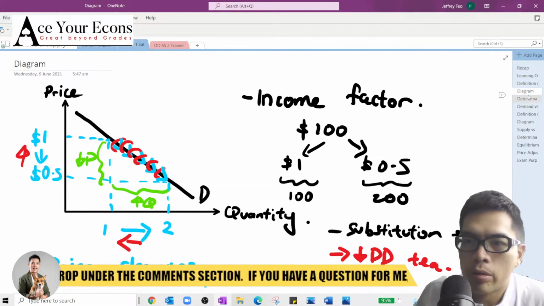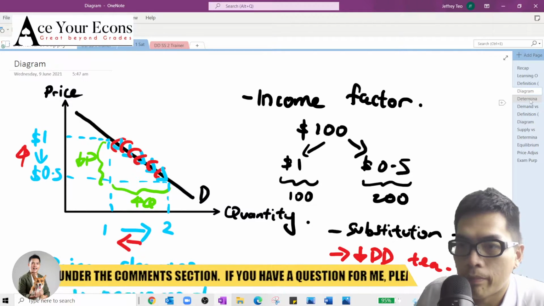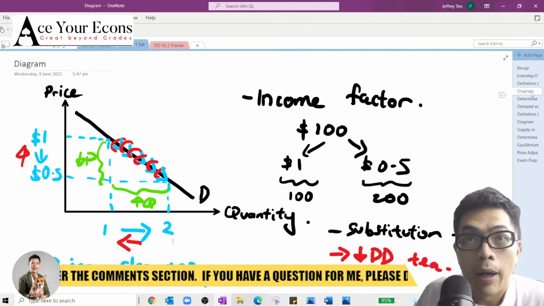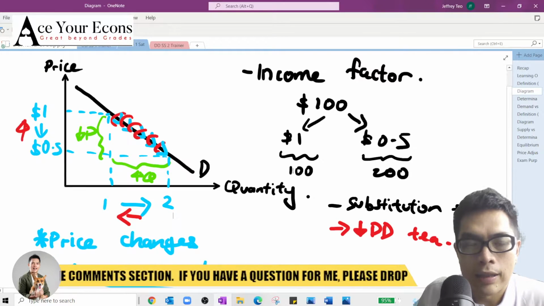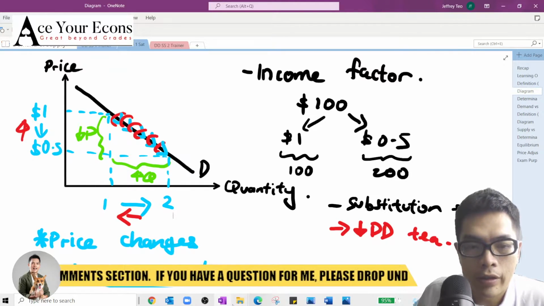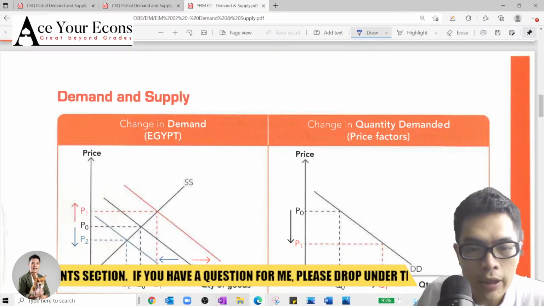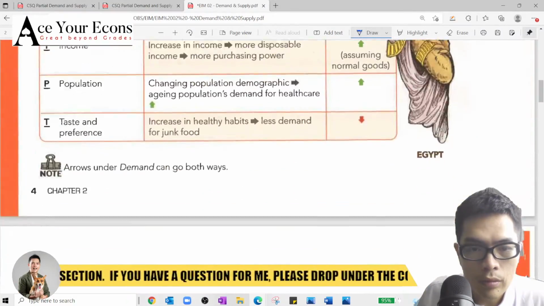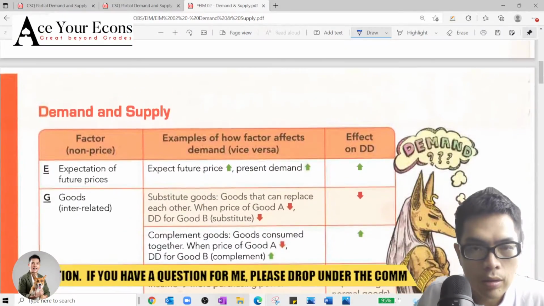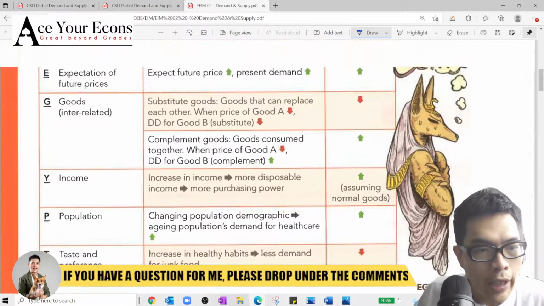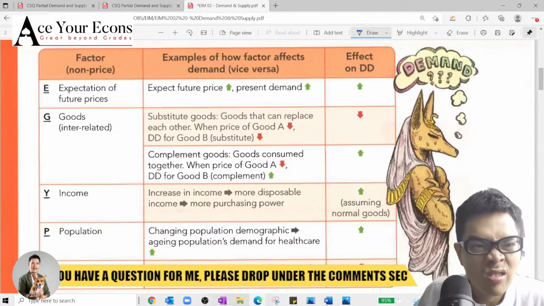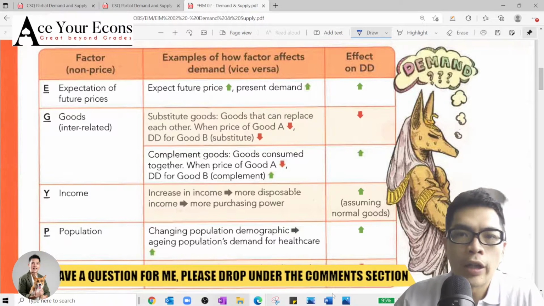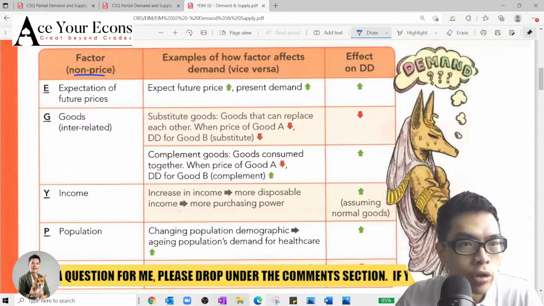Now I'm going to go through the other sister, or the better half of this. So this one I probably need the book. I want you guys to look at page 4, and you can actually see that down here I use non-price factor.